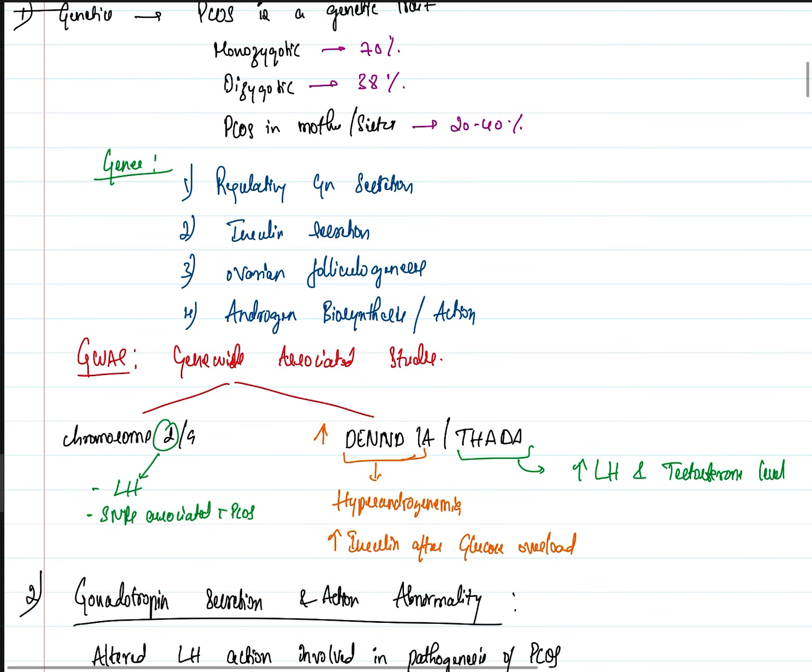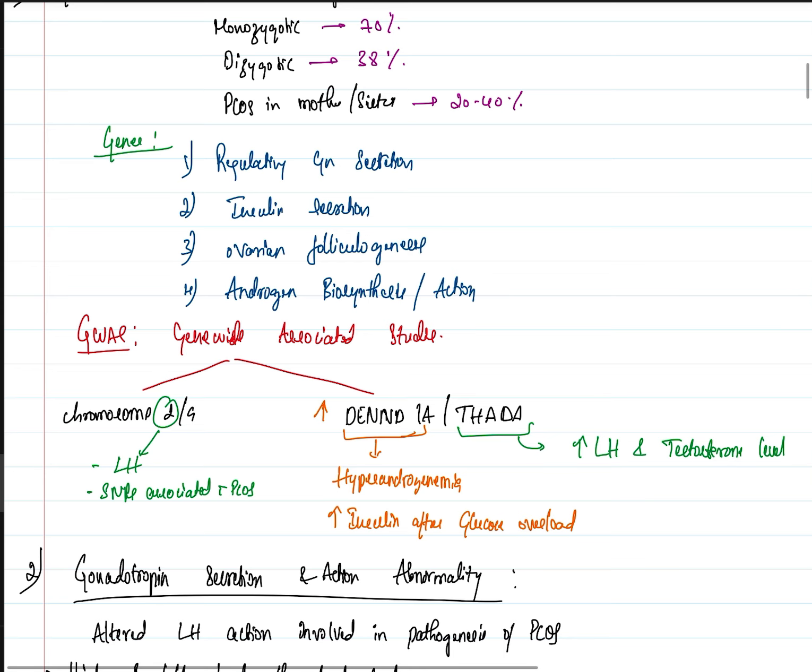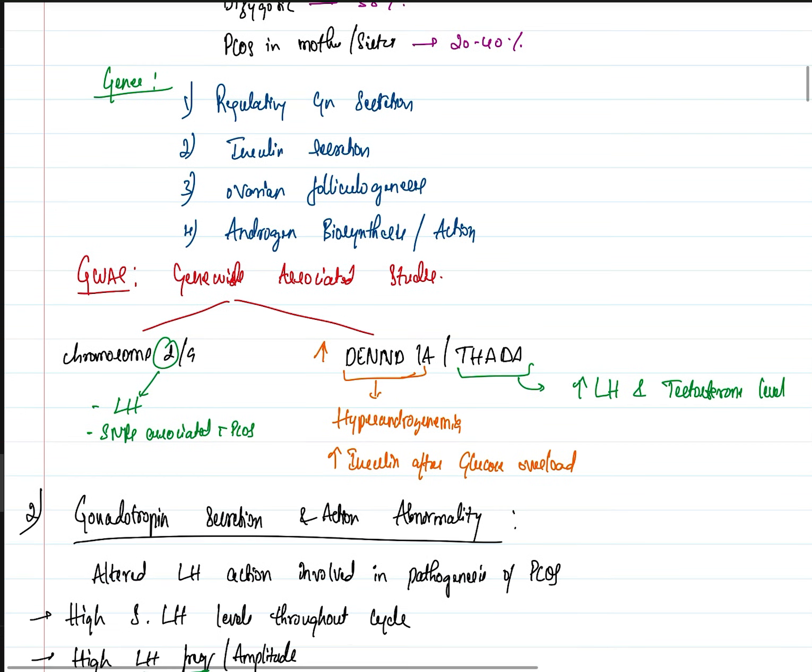The genes involved in PCOS are mostly located on chromosome 2 or 9 and certain DENND1A or THADA genes. They basically regulate gonadotrophin secretion, insulin secretion, ovarian folliculogenesis, and androgen biosynthesis or action.